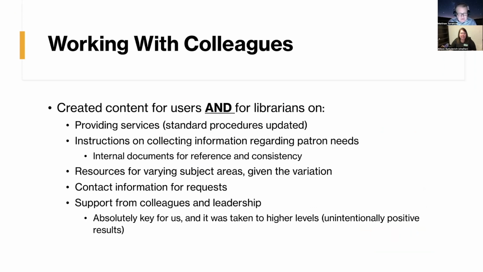The other important thing, as Allison said, in addition to having our supervisors, which was amazing, it went up well beyond what we expected and became sort of more popular. But we really wanted to make sure our colleagues understood sort of a universal nature of what we were doing. I'm not going to go through and read them all, but we were both interested in and directed to help, not only do the things we'd done before, which was provide those services and update them, but to give a little bit more about what the patrons might need and get some consistency about what we were covering.